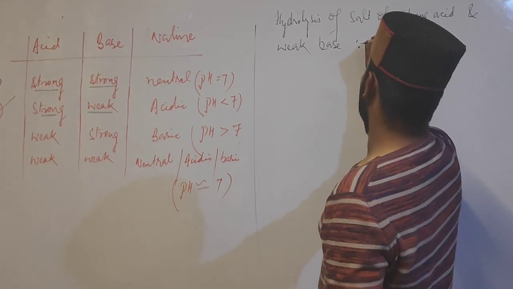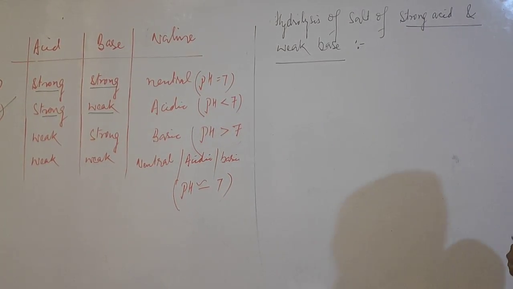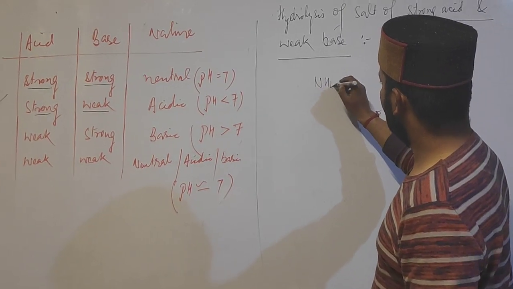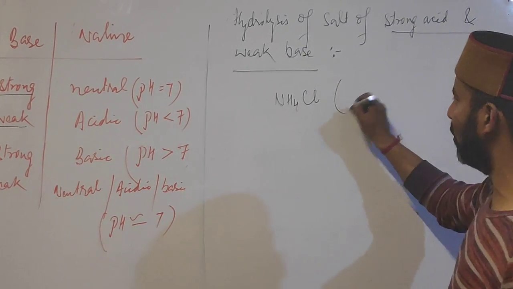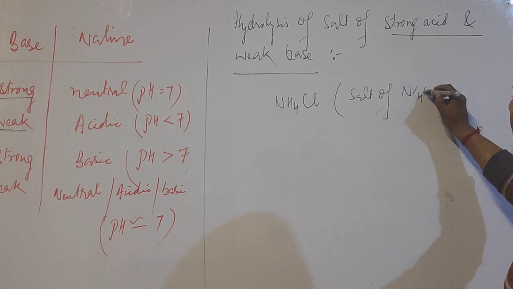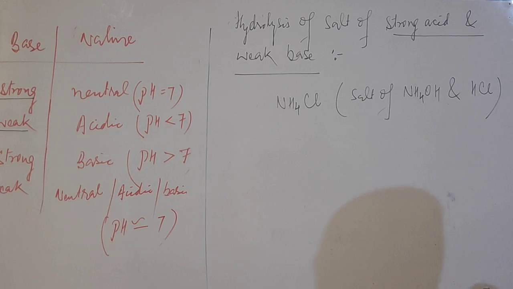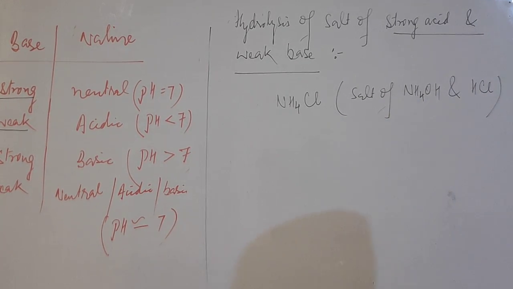Students, just think of a salt which is of a strong acid and a weak base. Ammonium chloride can be an example, because ammonium chloride is a salt of what? Ammonium chloride is a salt of ammonium hydroxide, which is weak, and HCl, which is strong. So we have a salt of strong acid HCl and weak base ammonium hydroxide.